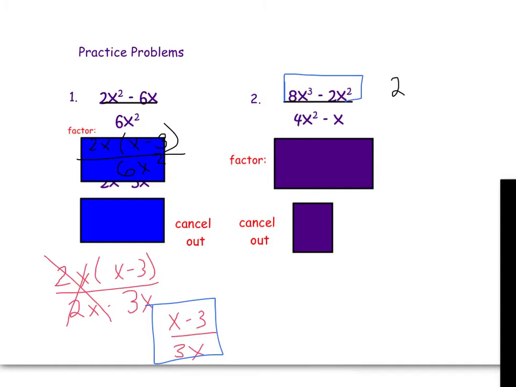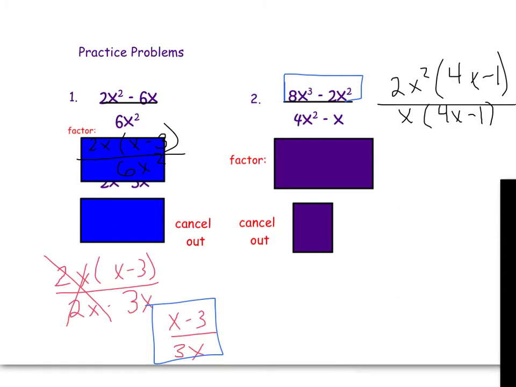A 2, that's the greatest number I can take out, and an x squared is the greatest term I can take out. That leaves me with a 4x minus 1. Alright, on the bottom, if I take out everything that I can from this one, I can take out an x, leaving me with 4x minus 1.